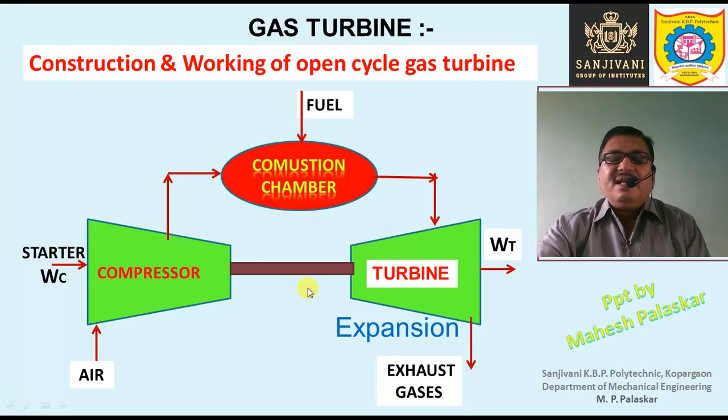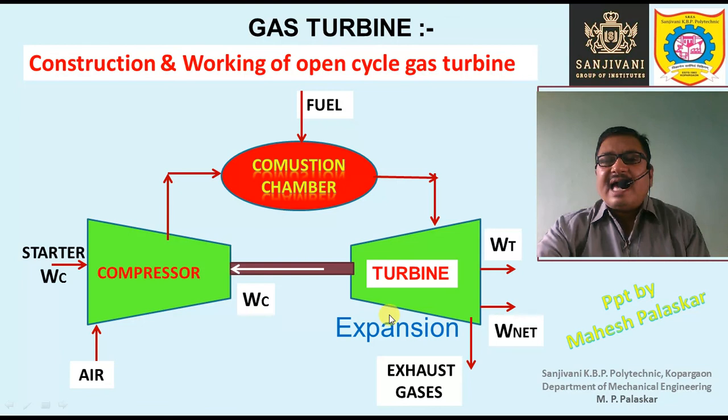A considerable amount of this work is utilized for driving the compressor. So the work WC is utilized for driving the compressor, and the net power, the remaining power, is available at the turbine as the output power, and that is mostly used by the generator.